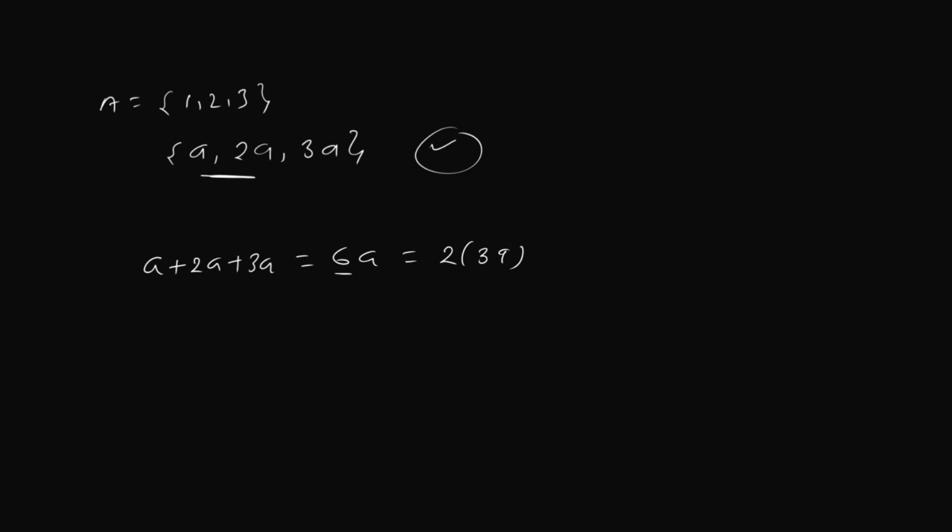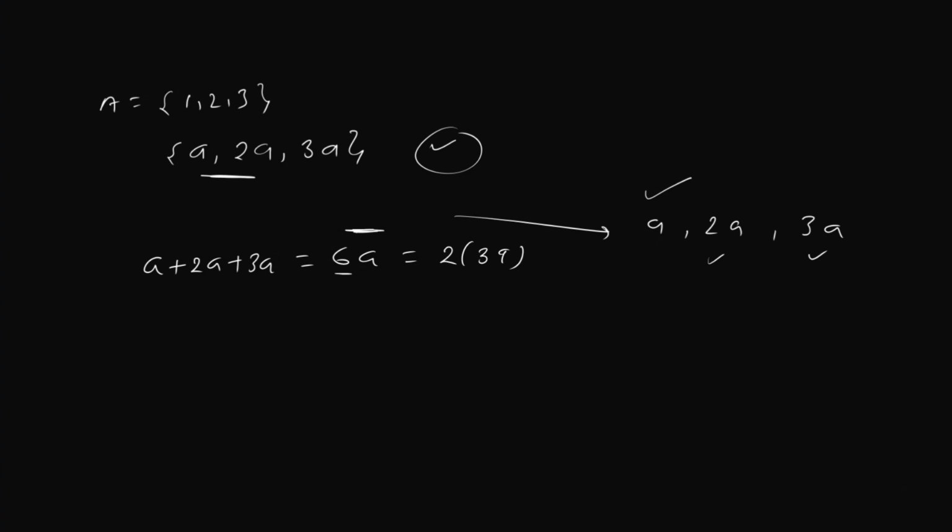Basically, suppose we have 3 elements whose sum must be divisible by each of these 3 elements: a, 2a, and 3a. We are taking multiples of the first element as the other elements, so obviously we are going to get divisibility by a.